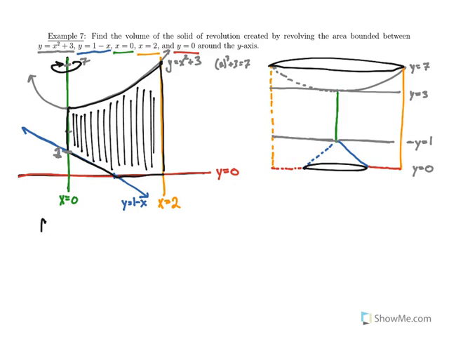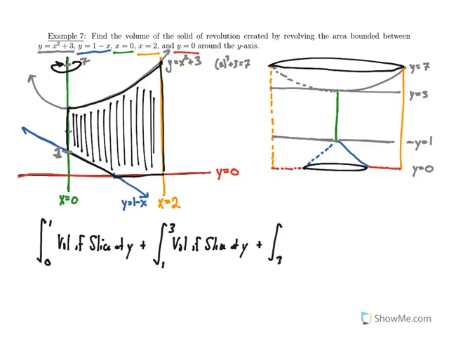So we're going to have the integral from 0 to 1, volume of a slice at y, plus the integral from 1 to 3, volume of a slice at y, plus the integral from 3 to 7, volume of a slice at y. And we have to figure out what those volumes are going to be.